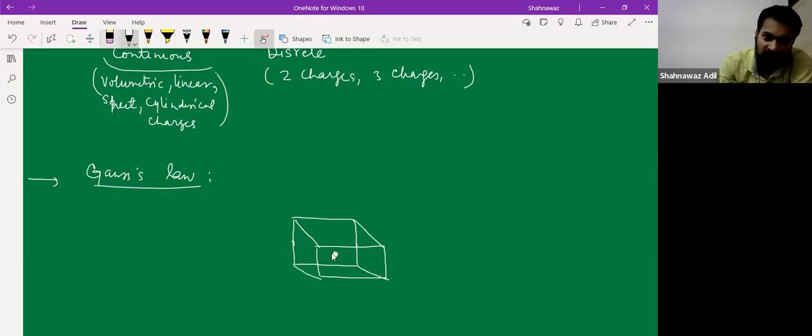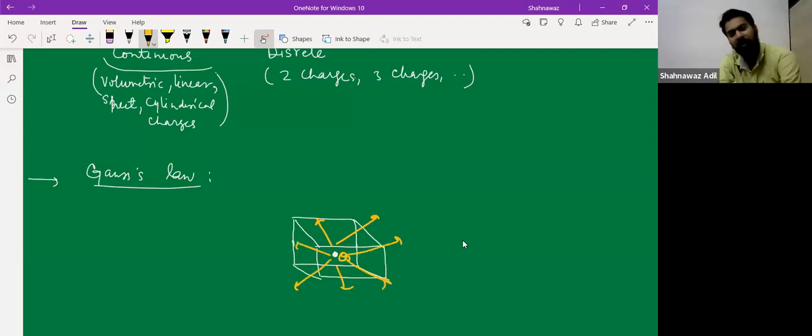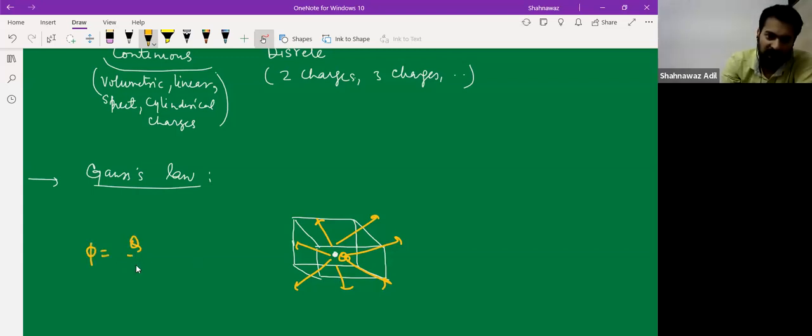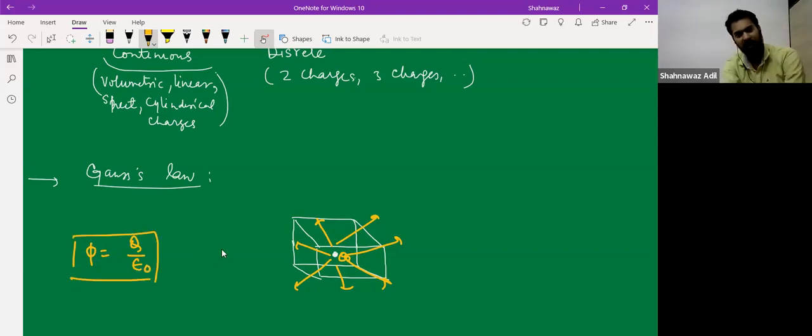So let's say Q charge is kept at the center and electric field lines are passing from it, right? One thing we know is that the electric flux will be Q enclosed, which is Q by epsilon naught, right? This we know from Gauss law.